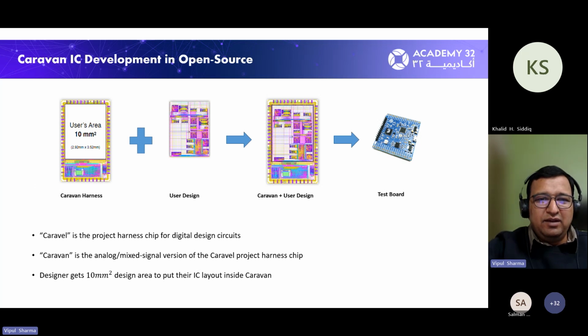After fabricating, a test board gets delivered to the customer. This is because we are trying to do a prototype kind of activity, so they have made it easy for anybody who wants to try their ideas. They want to design something, and finally they get this kind of test board.